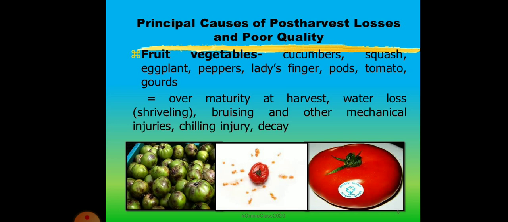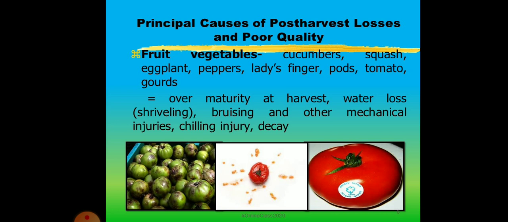Okay? Water loss is also a factor that will affect the quality of these fruit vegetables, since most fruits have high moisture content. And bruising and other mechanical injuries during transportation, chilling injury. Ibig sabihin ng chilling injury is observed when these fruits or fruit vegetables are exposed to extremely low temperature, less than 4 degrees Celsius.